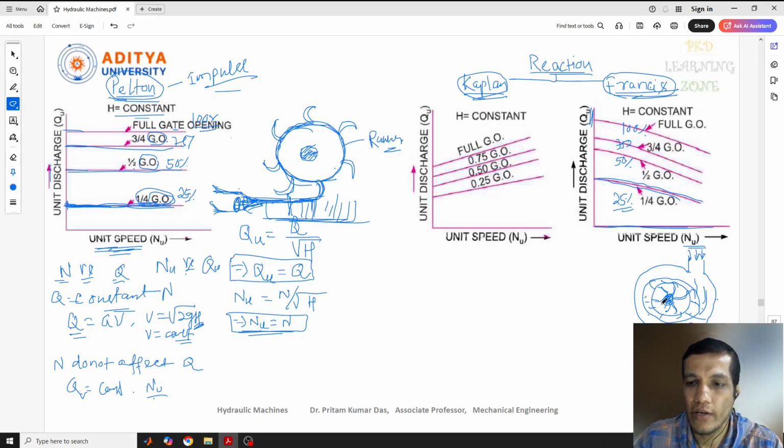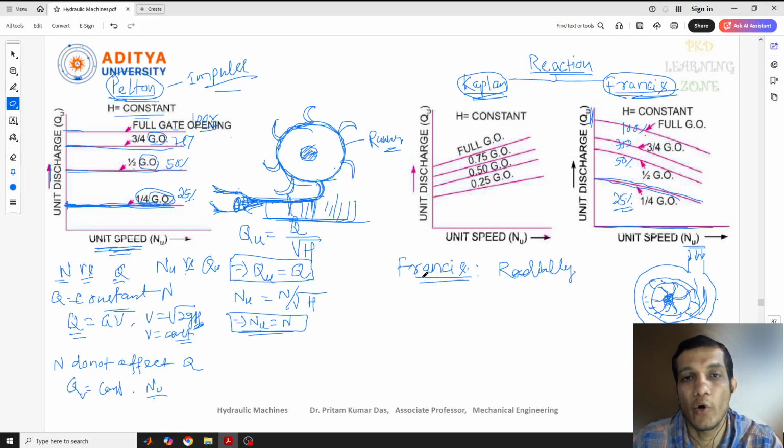Why I am reminding these things, because when this runner is rotating, it creates a centrifugal force, because the water is coming here radially. Keep in mind, for the Francis turbine, the water flows in radially. In the Francis also, again, two types are there, old Francis turbine and new, modern Francis turbine.